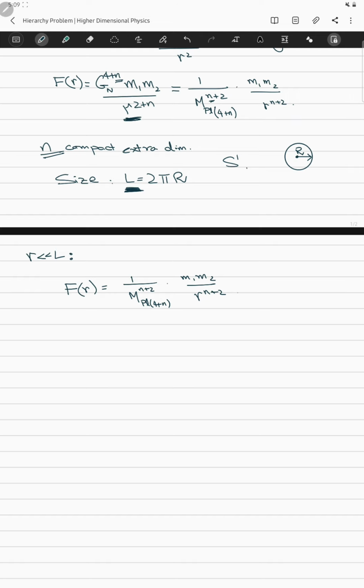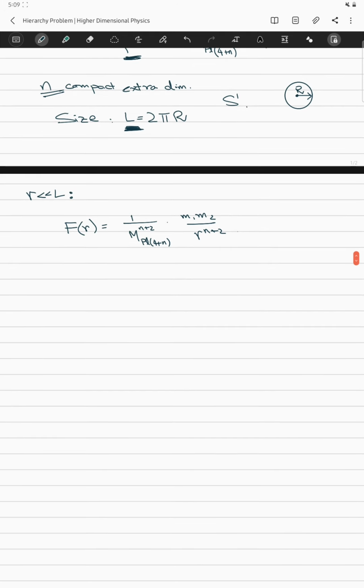Right, now let's look at the other case as well, which is if r is much greater than the size of the extra dimensions. So let's say that the distance between the two masses is extremely large compared to the size of the extra dimension, which is what we normally would see if extra dimensions exist.